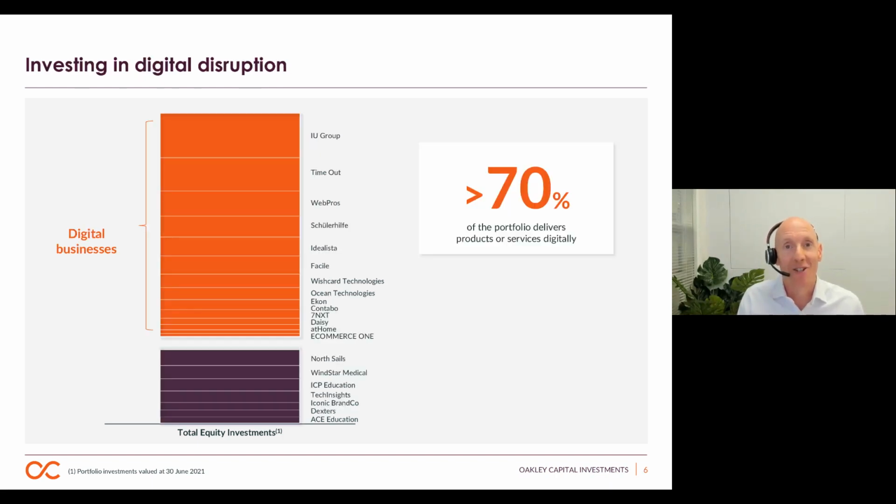The key characteristic about this group of companies, if I was to choose one, is that over 70% of them deliver their products or services digitally, and that's regardless whether they fall in technology, consumer, or education. It's one of the most significant trends that are borne out by the portfolio and is a deep area of expertise for Oakley.